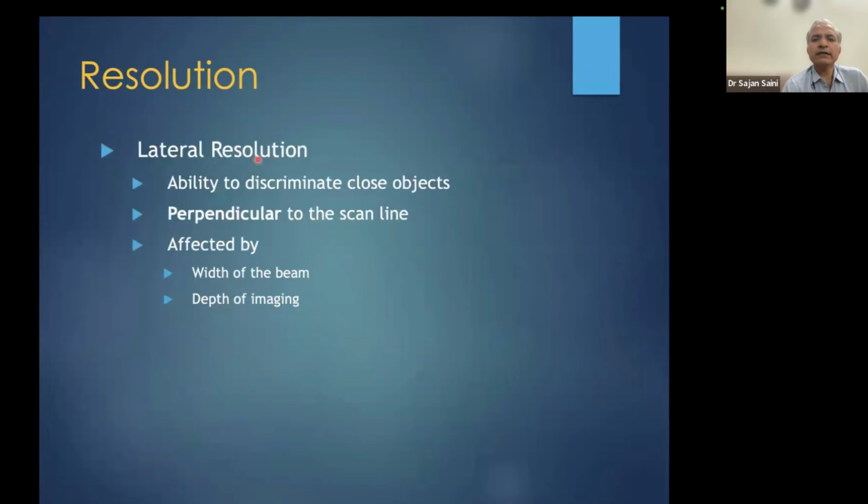The second is the lateral resolution. This is the ability to discriminate two close objects which are lying perpendicular to the scan line. With this schematic diagram, we know that the ultrasound beam is going in this direction, and these two objects are lying perpendicular to the ultrasound beam.